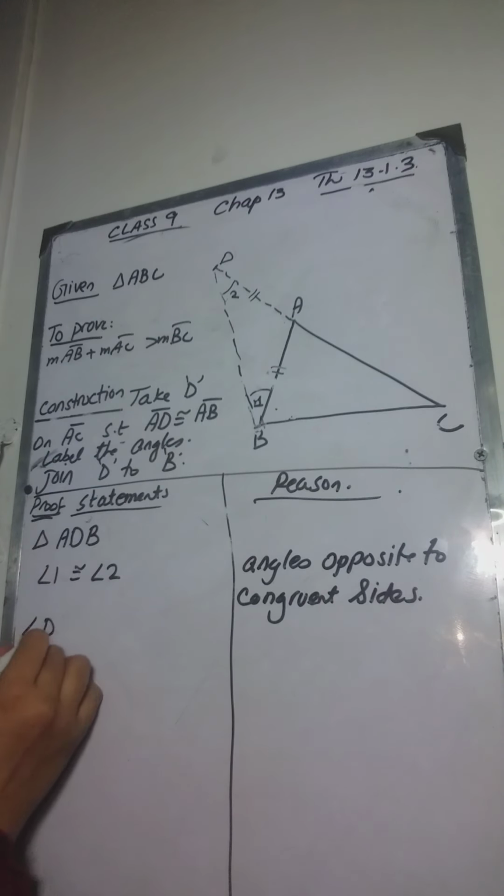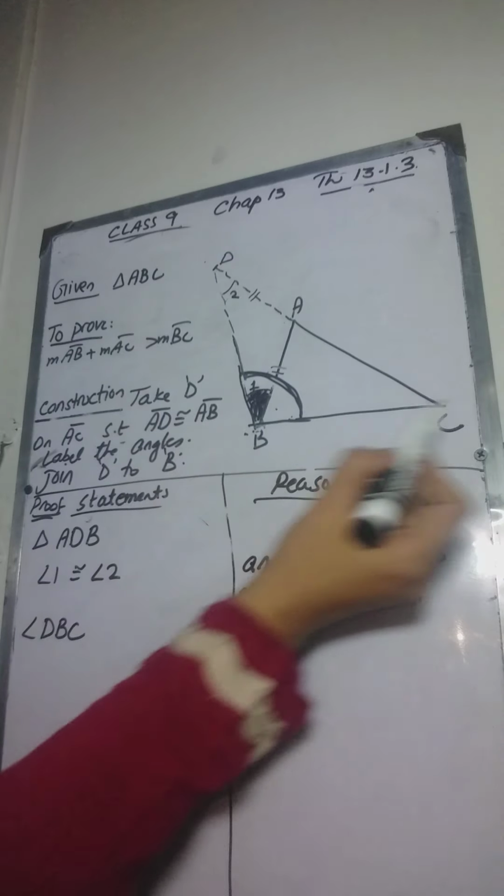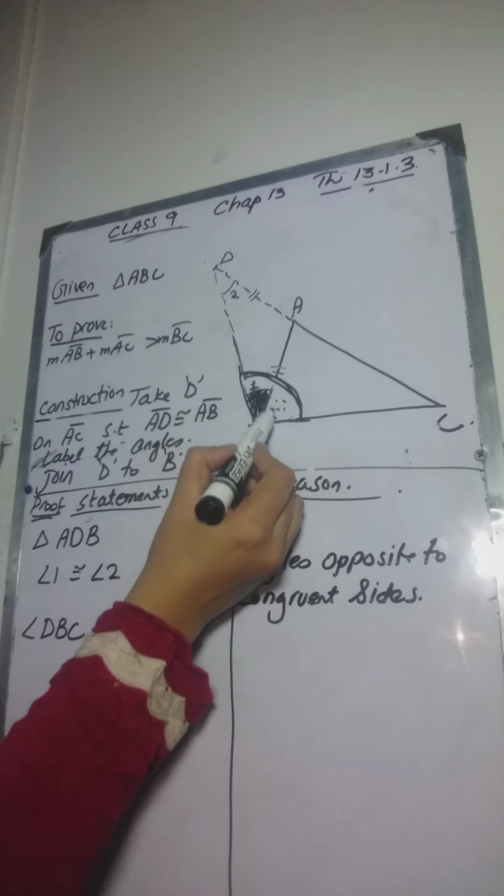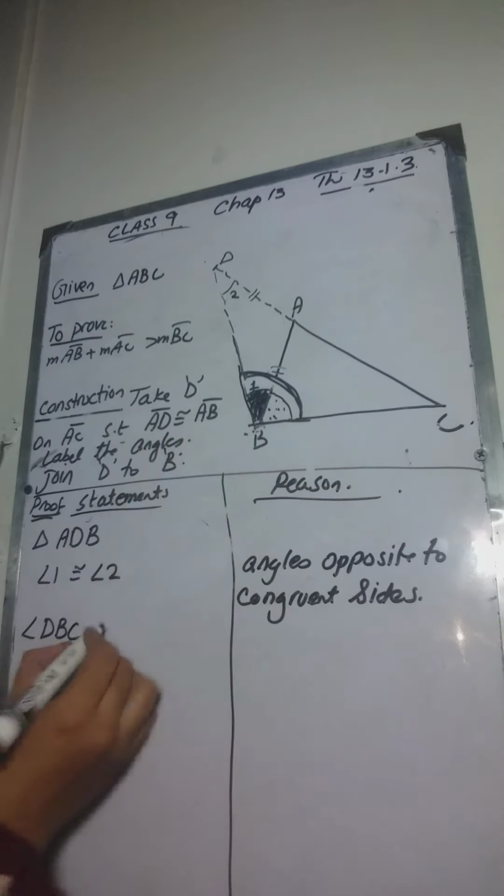Angle DBC is the sum of angle 1 plus this dotted angle. So the measurement of angle DBC is equal to the measurement of angle 1 plus the measurement of angle ABC. These two angles make this whole angle.